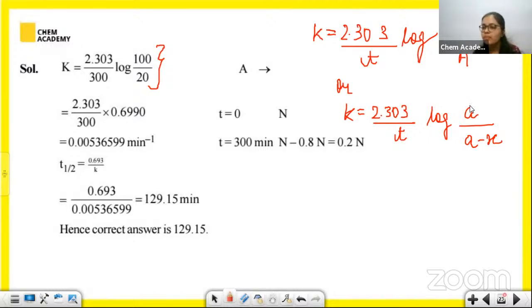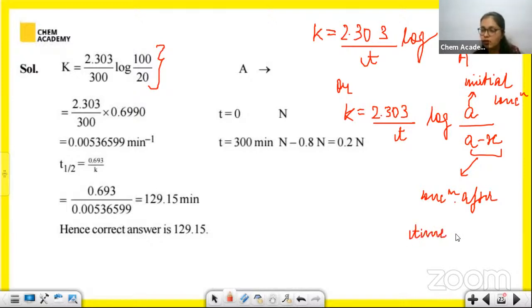Now here, this A represents the initial concentration and this represents the concentration after time t.